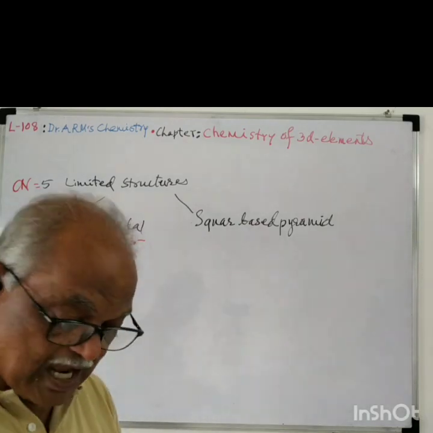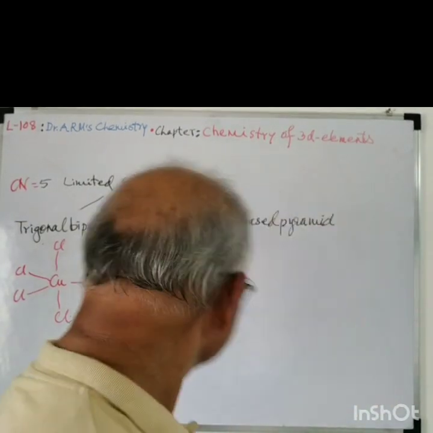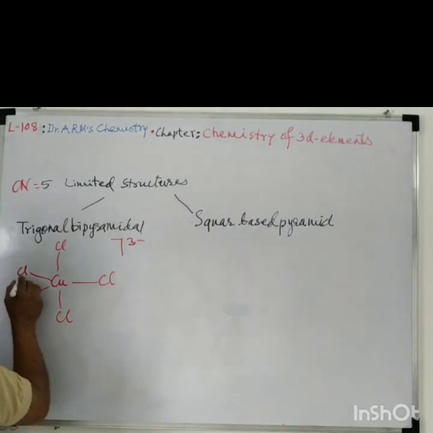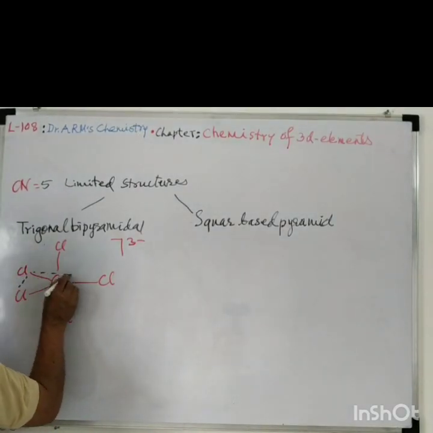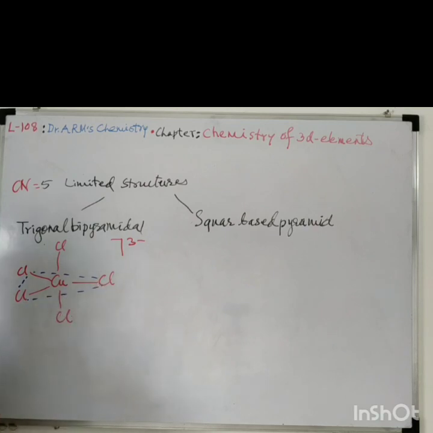So you can consider this arrangement. If we see the shape, this is a trigonal and this is a pyramid. Like this.